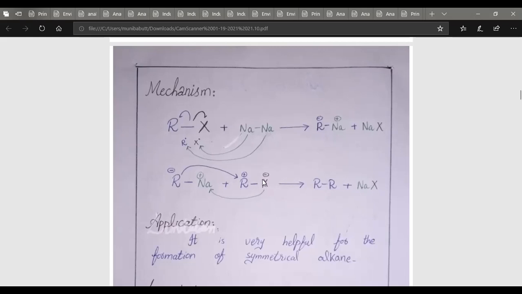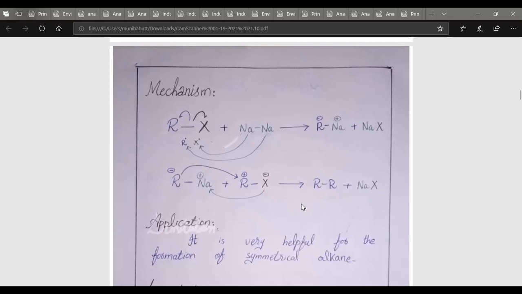That's why it contains a negative charge and the alkyl contains a positive charge. In this way, the negative alkyl and the positive alkyl combine to form a higher alkane, and the sodium combines with halide to form sodium halide.